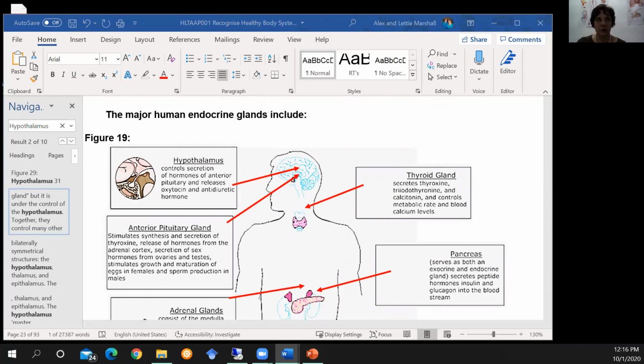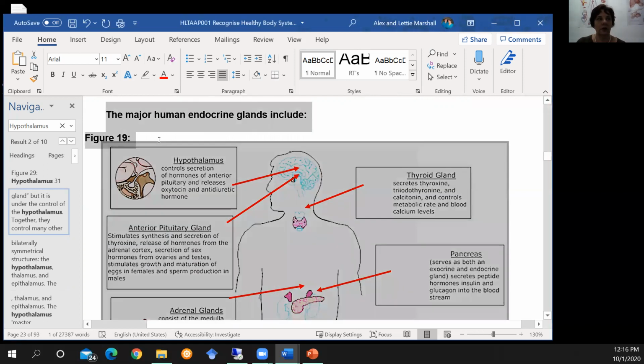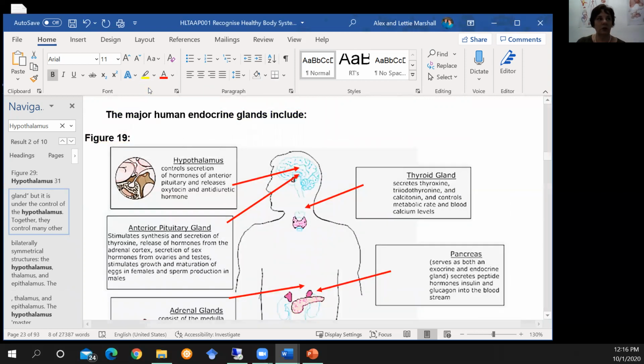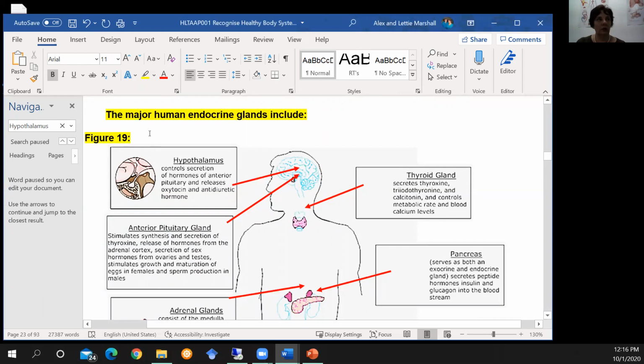So the major human endocrine glands may include, and underneath there is the description of it as well. It controls the secretion of hormones. So it's this figure. And interestingly, it's also question 19, figure 19. That's that one.